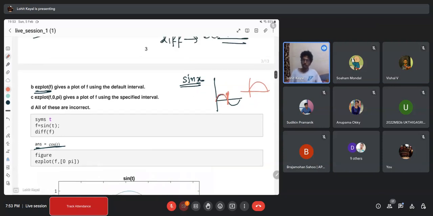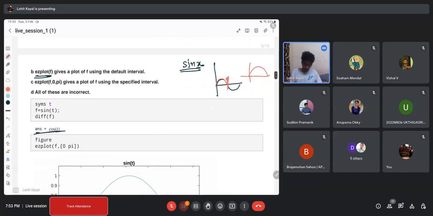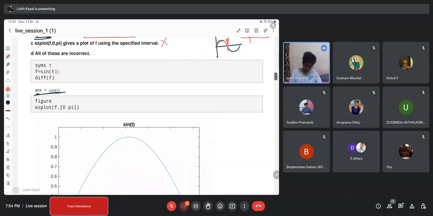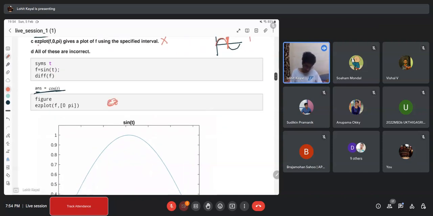Now, this is just similar to ezplot. If you don't mention any limit, I mean where you want to start and where you want to stop, MATLAB will use some default interval and show you the result. You can try this. Now if you want to specify a limit to MATLAB, then this is not the correct syntax. The correct syntax is written over here: ezplot f, 0, pi.